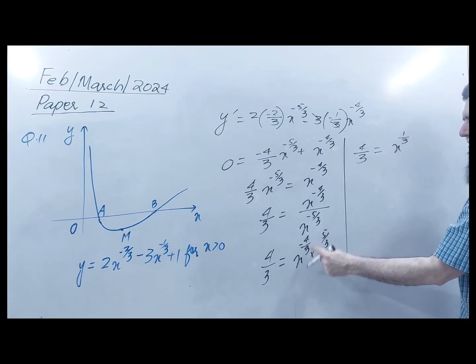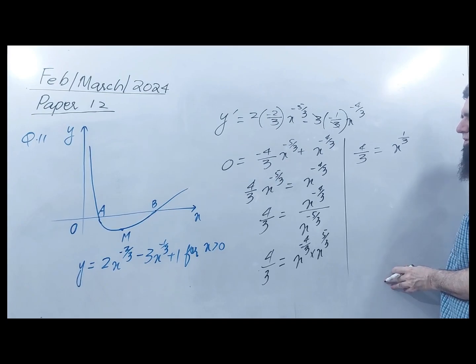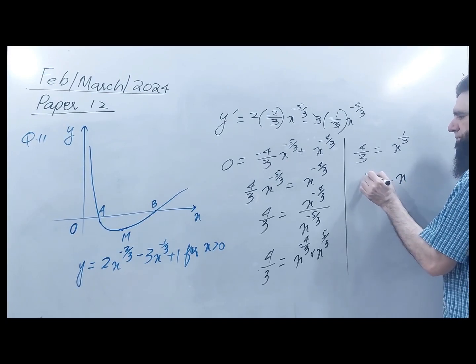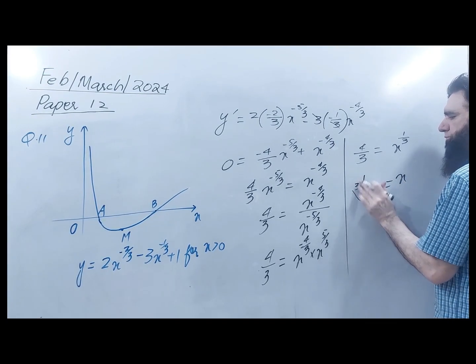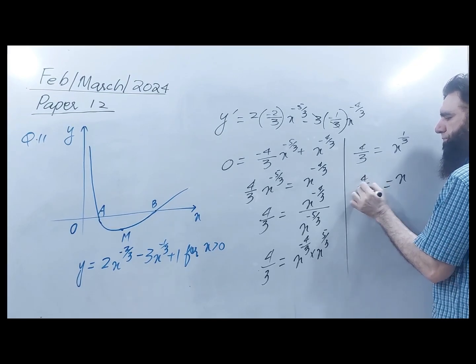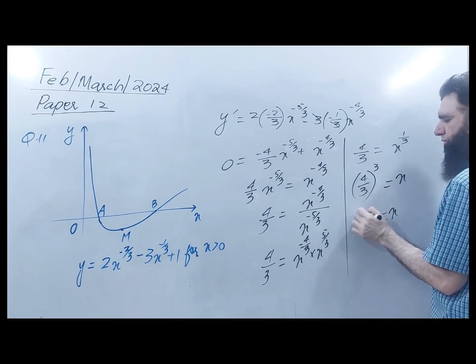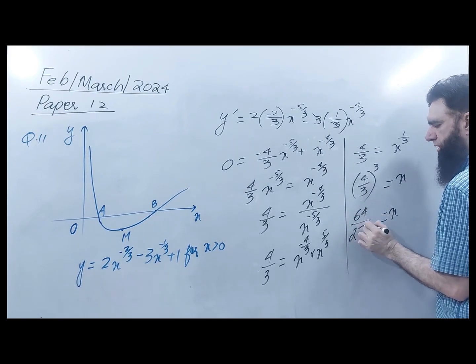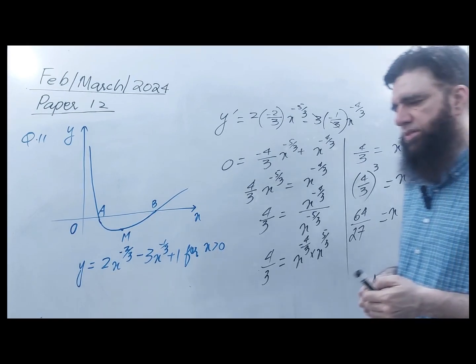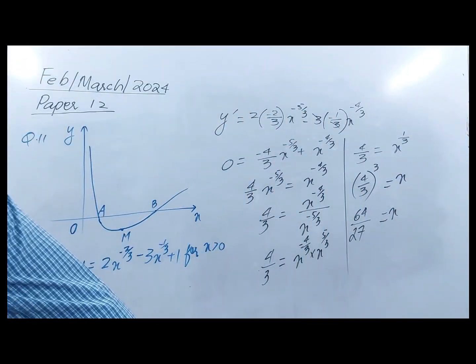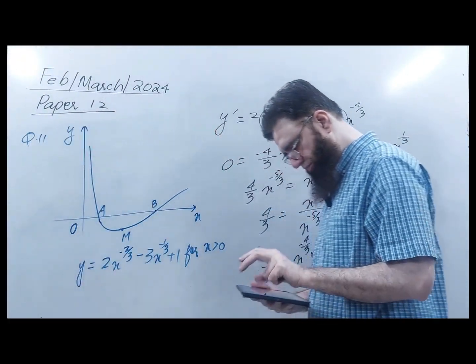Right? If you add, this is same power added, minus 5 plus 4 is 1 by 3. So x is 4 by 3 cube. So if you find the cube, 4 cube is 64, 3 cube is 27. This is the exact value of the x coordinate of M.